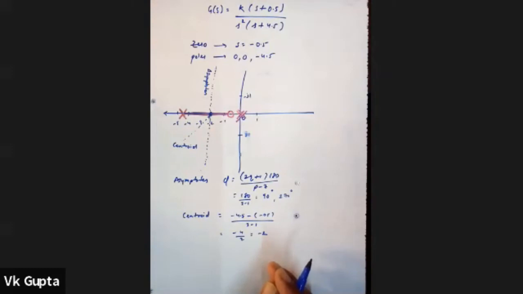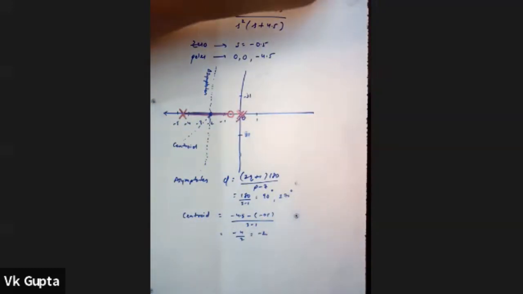One is 90 degrees and the other one is 270 degrees. So this is step number 5.